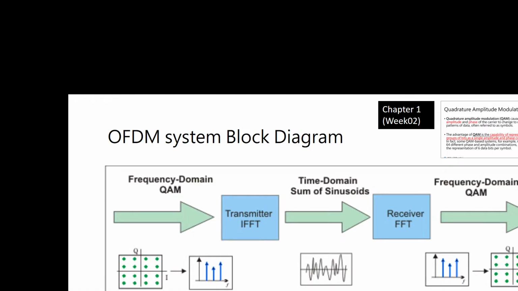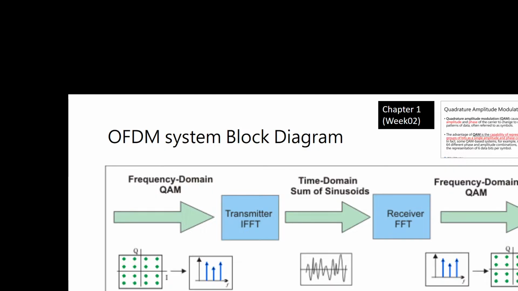We start in the frequency domain, mapping QAM source data onto orthogonal subcarriers. So we convert this to this. This is 1, 2, 3, 4, so 8, so this is 16 antenna.